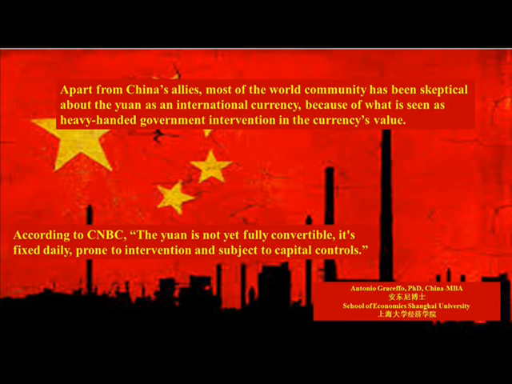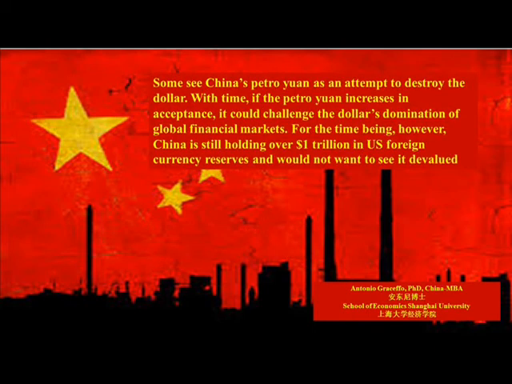And this is because they feel that the value of the currency is not necessarily set by the market and that the government has too much control over the value of the currency. CNBC went so far as saying the yuan is not yet fully convertible, is fixed daily, prone to intervention, and subject to capital controls.